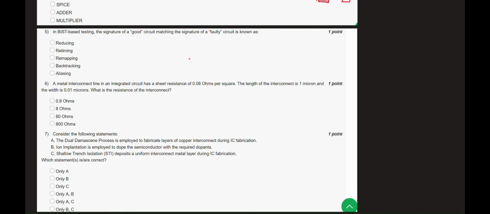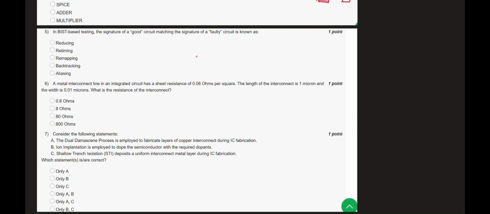For example, we count the number of ones. Counting is not a very good method for signature capturing, but it is just an example I'm giving, like sir has also discussed. For a given test pattern, my output has some number of ones, so I count the number of ones, and that is my signature.